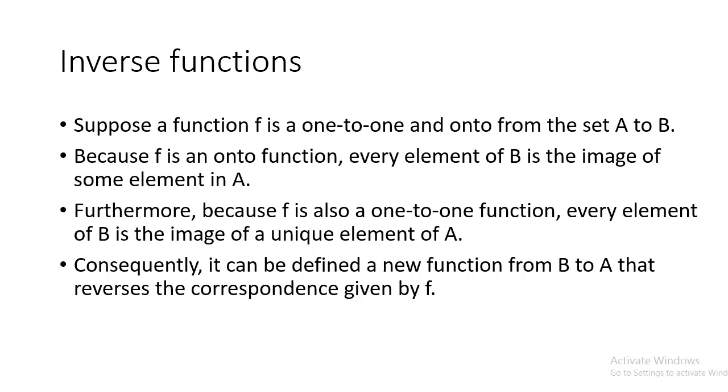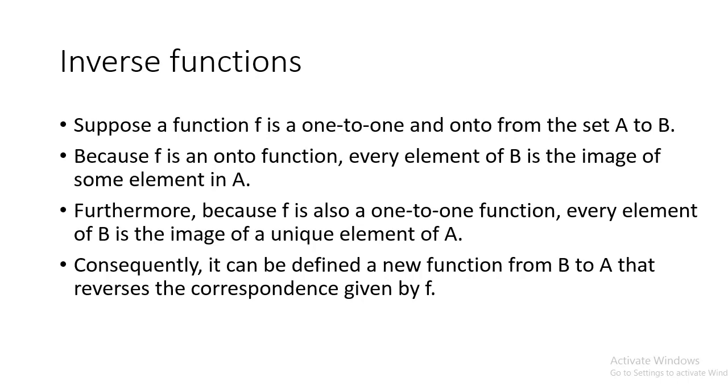Suppose a function f is one-to-one and onto from the set A to B. Because f is an onto function, every element of B is the image of some element in A. Furthermore, because f is also a one-to-one function, every element of B is the image of a unique element of A. So consequently, a new function can be defined, from B to A, not A to B. It is a new function, which is from B to A, that reverses the correspondence given by f. So this is all about the introduction of the inverse functions.